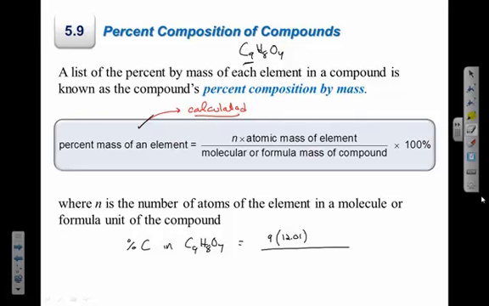Let me put the units in here so it'll be more complete. So I could think of that as 9 moles of carbon, each with a mass of 12.01 grams per mole. 9 moles of carbon, 12.01 grams of carbon per mole of carbon.